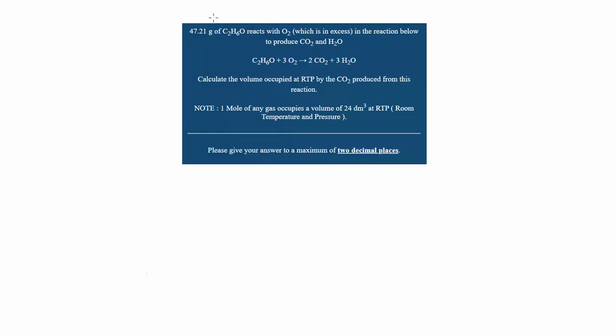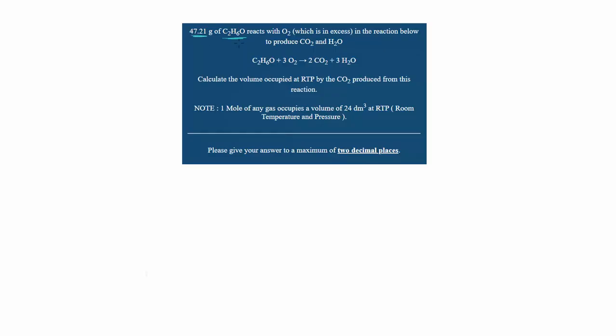Based on what I can see in the equation, the C₂H₆O is actually the limiting reagent, so it's going to determine the amount of CO2 that's even allowed to be produced in this reaction.